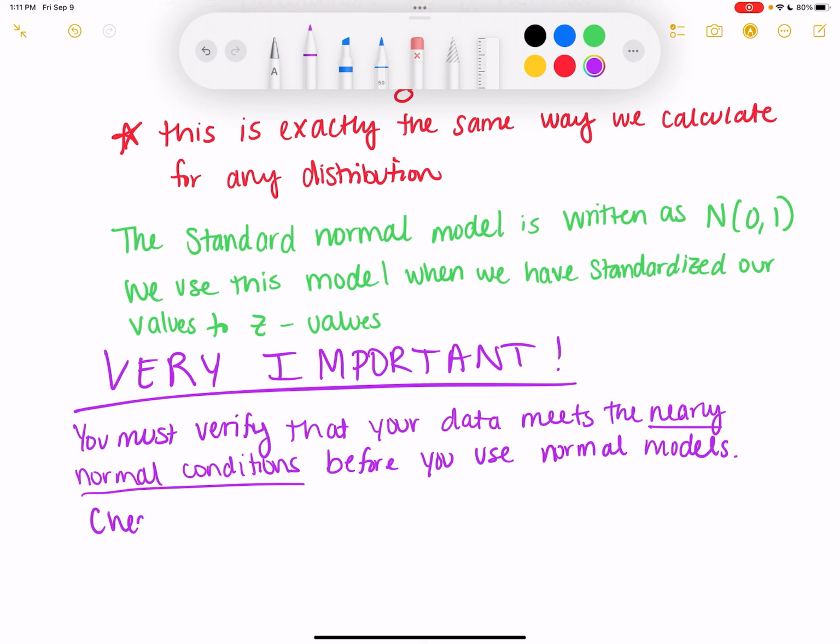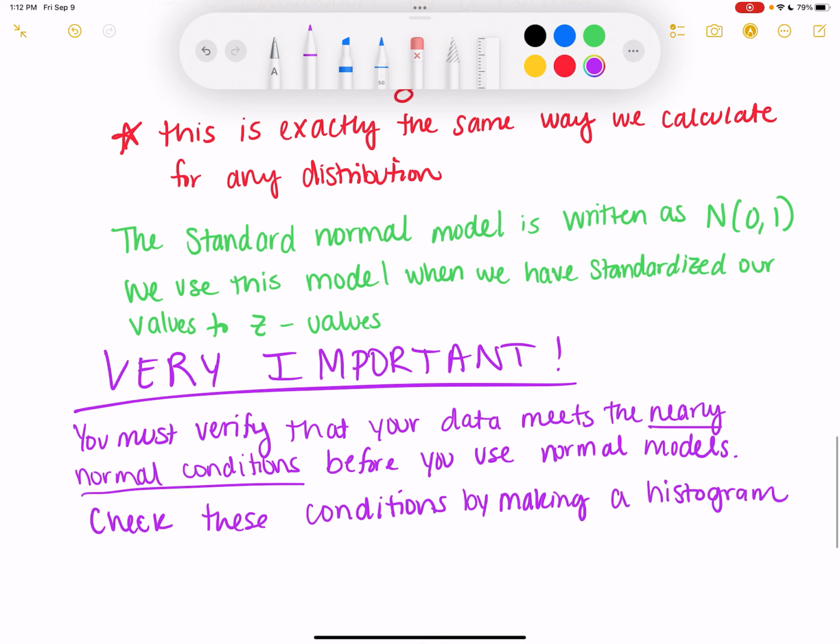Check these conditions by making a histogram and verifying that it is unimodal and symmetric.